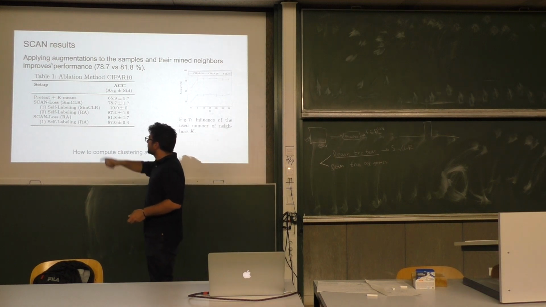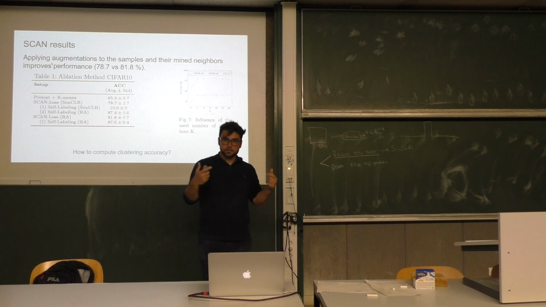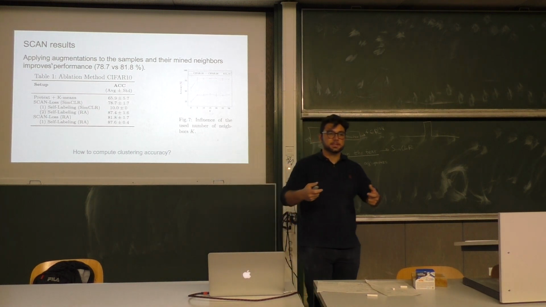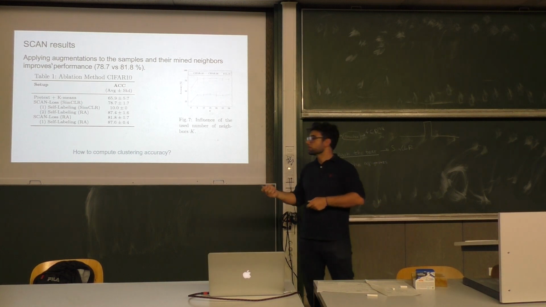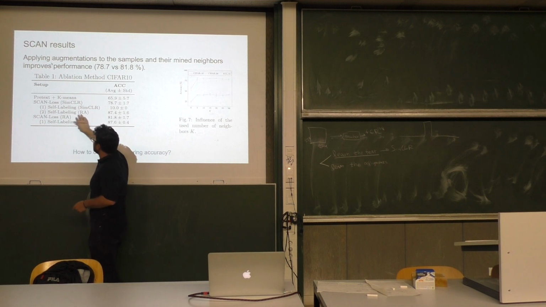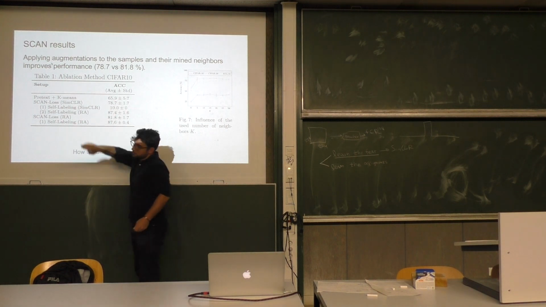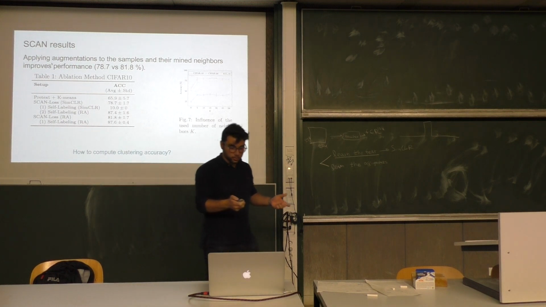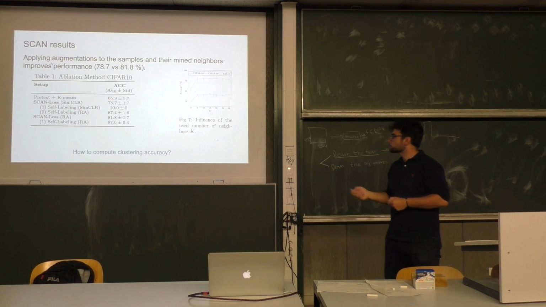So K-means, even though it's a good baseline, is suboptimal for images, and even for learned features of images. We'll ignore the self-labeling step, and I just want to show you the improvement. There's a tremendous improvement over K-means, which is basically a naive approach.